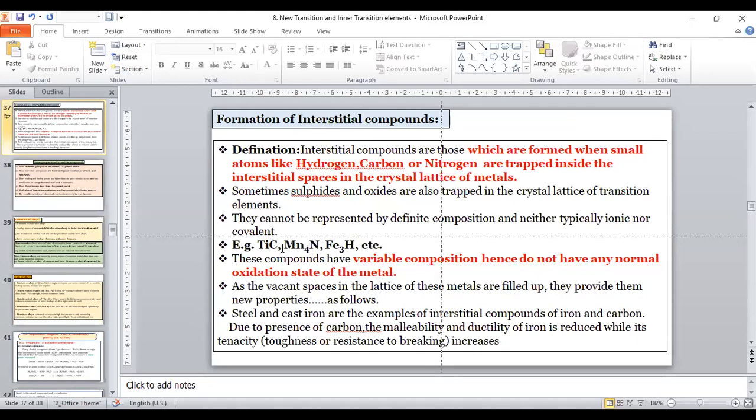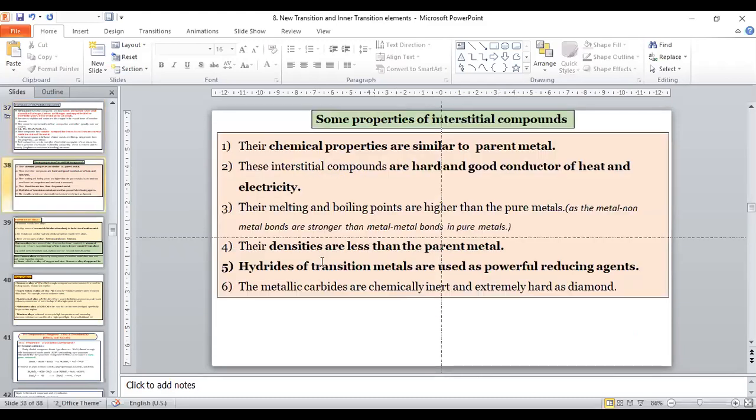Actually there is no bonding between carbon and titanium, or nitrogen and manganese, but their properties change when these elements are trapped in the interstitial spaces while the crystal lattice is formed. These properties were also discussed in the last lecture. So please do the revision. It is asked for 2 marks.